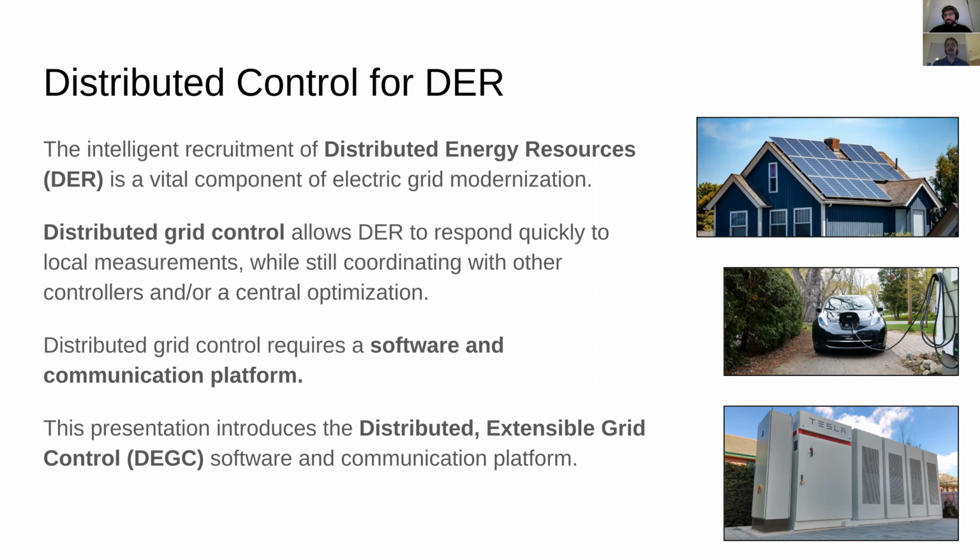And in order to rely on the DER, we'll have to move towards mechanisms of distributed grid control, which allow the DER to respond quickly to local measurements while still coordinating with other controllers and/or central optimization. So distributed grid control requires a software and communication platform, and that's essentially what we'll be presenting in this talk.